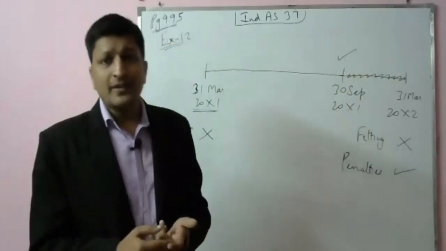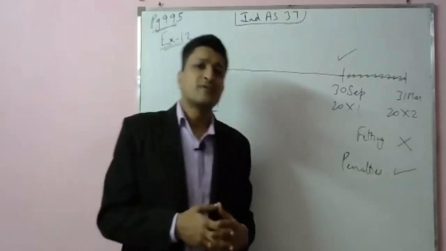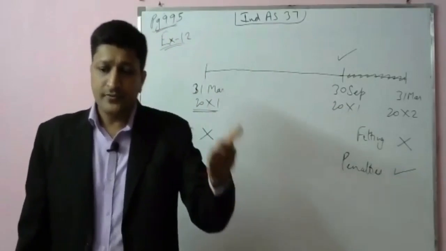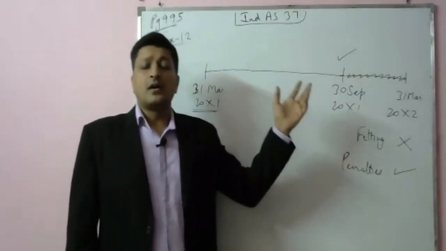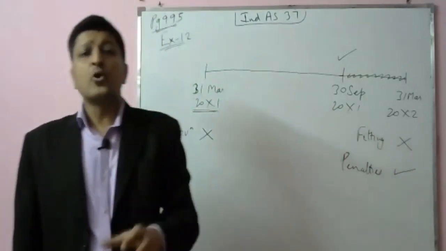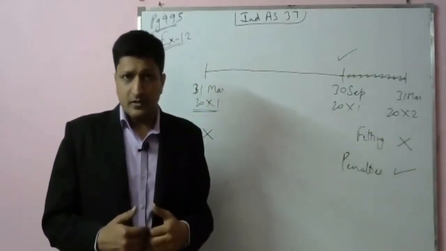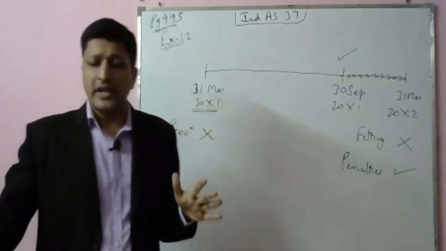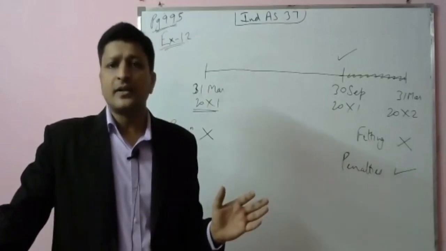When the company will have some estimate that this is the amount which will be required to be incurred, for which the company will reach out to the vendors for fitting this. The company will have a contract with them. For this contract, the company will be bound, because of which the company will start getting an obligation. As on this date, the company has not done anything on that front.